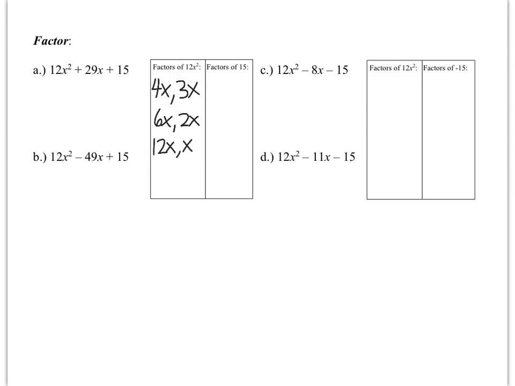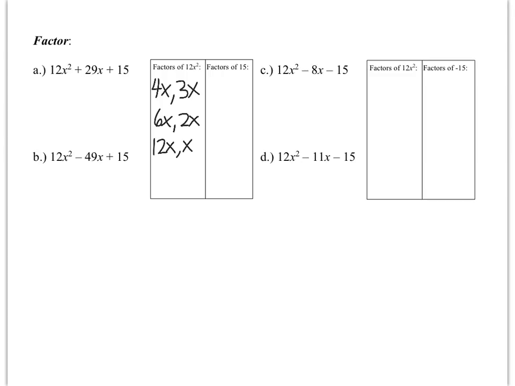Now, one thing to note, you might be thinking, well, what about negative 4x and negative 3x? We are never going to break up the first term into 2 negatives. We are always going to break up the first term into 2 positives. It's just going to make our lives a little bit easier. However, that is not true for 15. The last term, we might have to break up into 2 negatives. And we'll talk about when you do that in just a second.